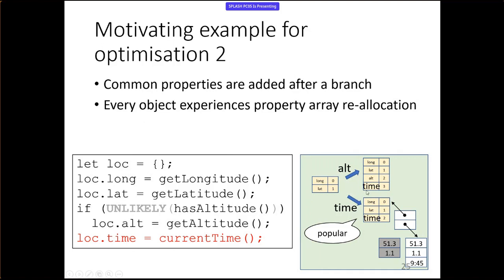The problem is that even for the popular hidden class, the object experiences a transition. The object is created in this state, and it transitions to this state. So the transition involves the reallocation of the property array.